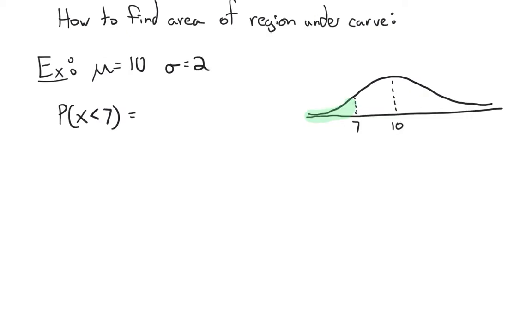Okay, so let's talk about finding the area of a region under the curve. And what that gives us is a probability. We like that it does find probability. That's very helpful to us.